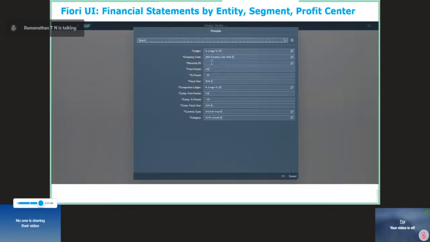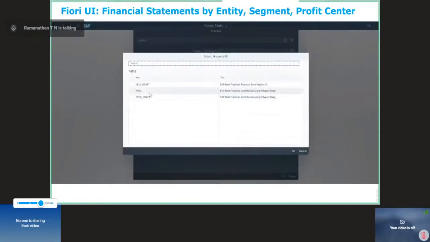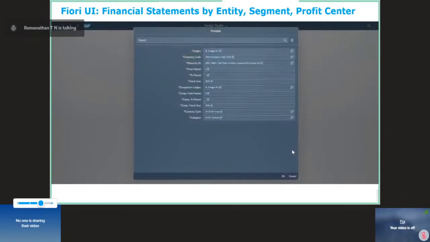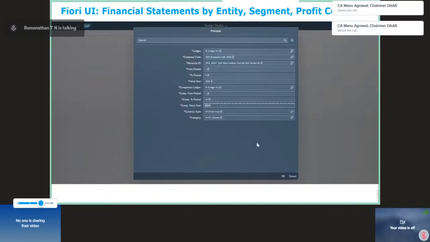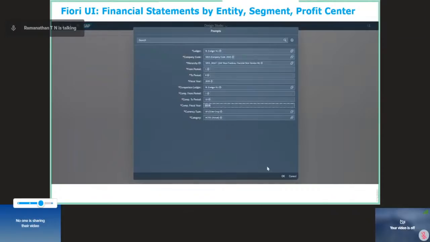Then the hierarchy ID, which I'm taking, for example, as the IFRS financial statement version as the best practice, and just taking a period of January to June of 2020, with a comparable period of January to December of last year, 2019, as an example, and trying to get into the details and drill down of a core financial statement, right?